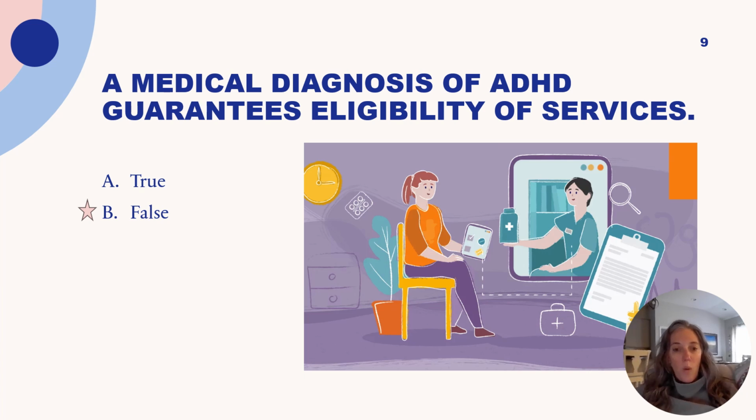And according to the OHI definition, whatever health condition is limiting that student, it has to be shown that it is adversely affecting that child's educational performance. However, students that do have ADHD could be eligible for services through a Section 504 plan if they're not eligible under the OHI category.